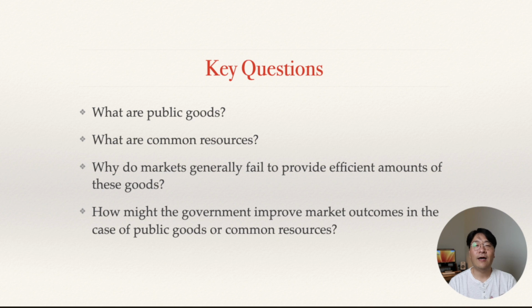Public goods are exactly the goods not transacted in the market if the government is not involved in the transactions or the producing process and all those economic decisions. Then public goods will not be transacted in the market. That's the problem. So we will first see what public goods are, and also look at what common resources are, and what type of things are categorized as common resources.